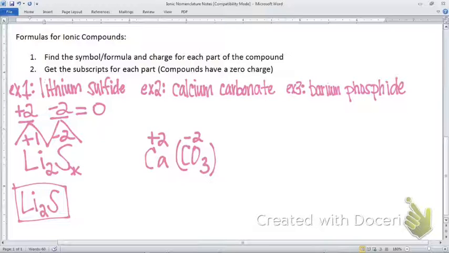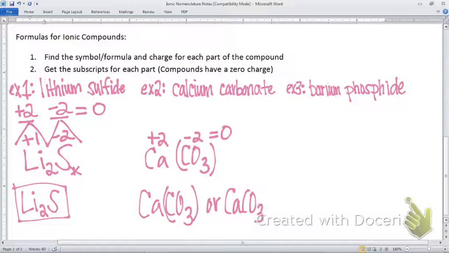Now, right here, +2 and -2 will cancel out to give us 0. So we don't need to find their least common multiple. When the charges cancel out right off the bat, all we have to do is rewrite the formula. You can write it with the parentheses or without. Either way would be correct in this case since there's only one carbonate.